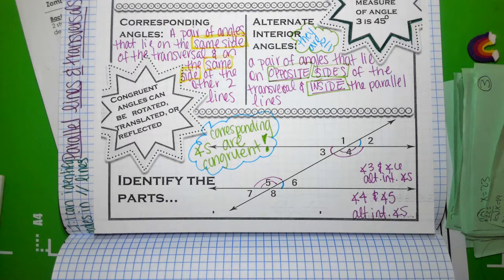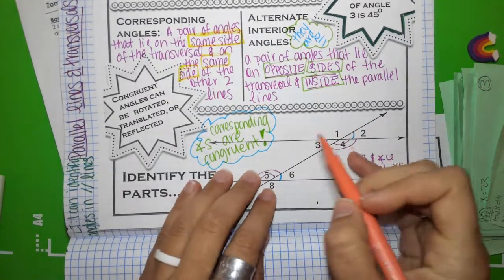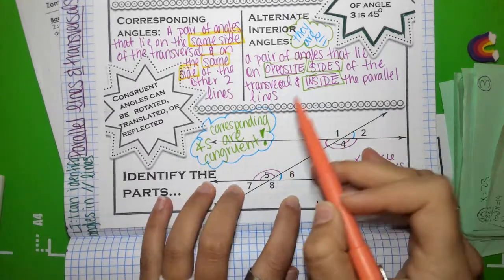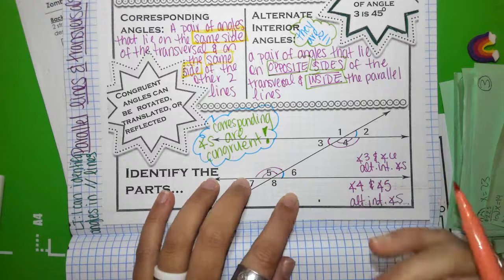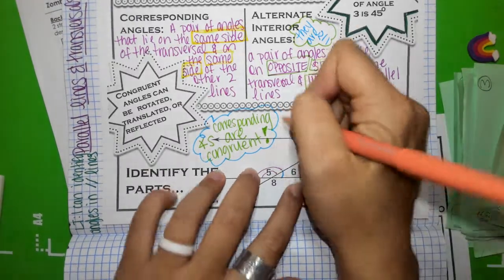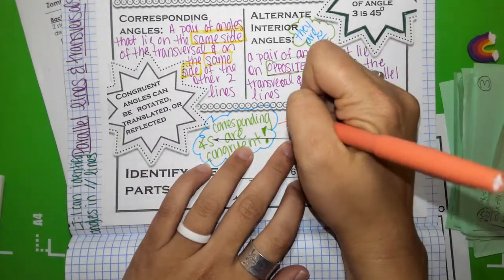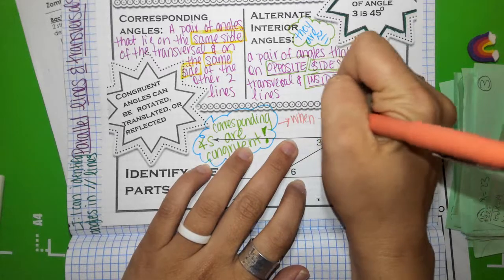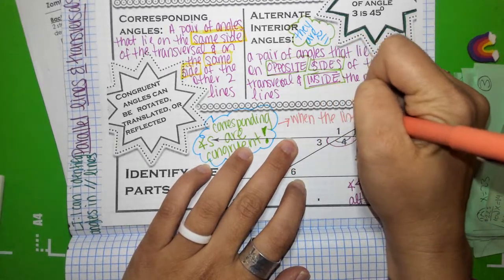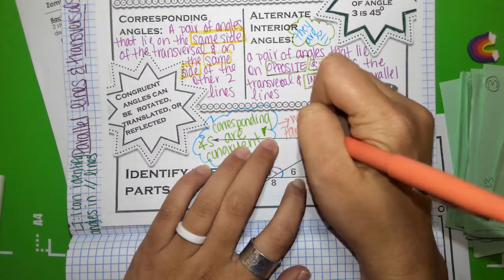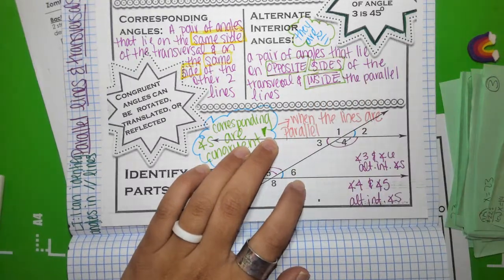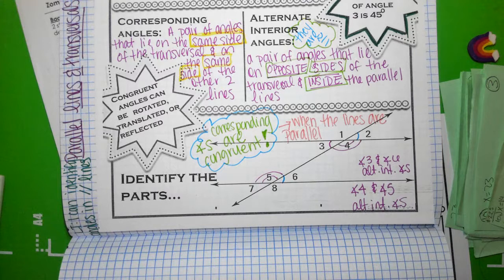Okay, so yesterday we said that corresponding angles and alternate interior angles are congruent, right? This is only true when the lines are parallel. So let's draw an arrow that says when the lines are parallel, corresponding angles and alternate interior angles are congruent.